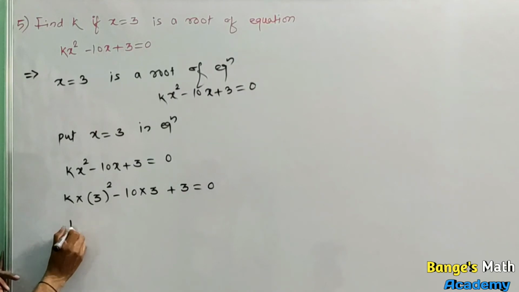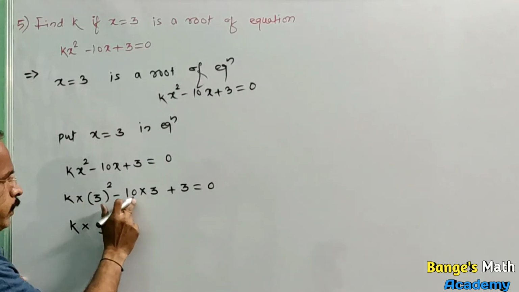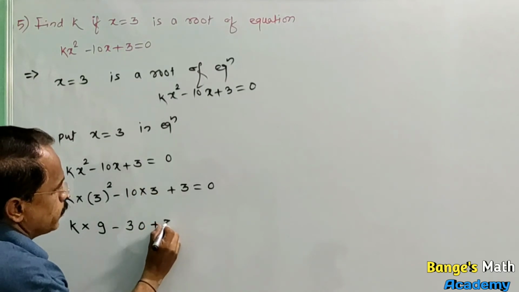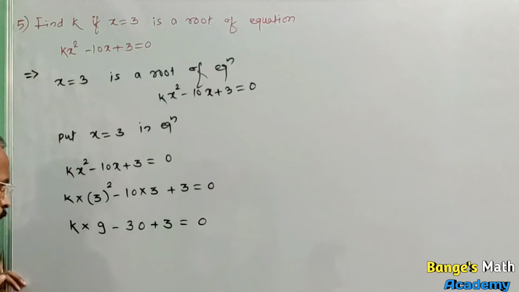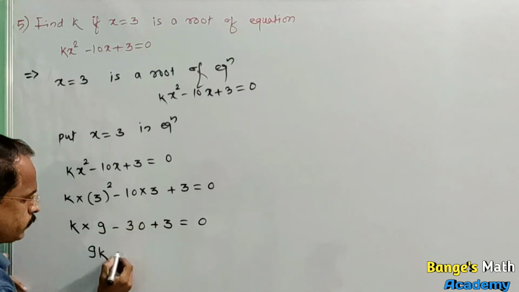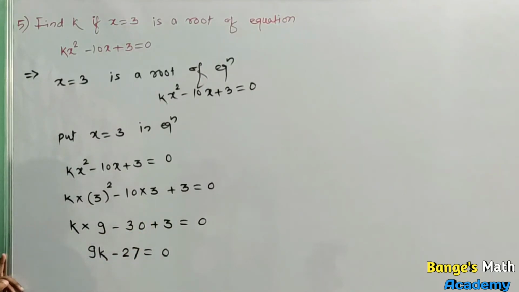Simplify this. k into 3 square, 9, minus 10 into 3, 30, plus 3 is equal to 0. k into 9, 9k, minus 30 plus 3, minus 27, is equal to 0.